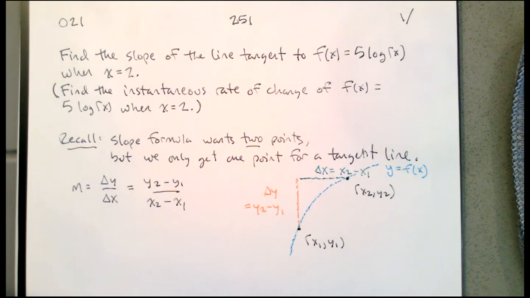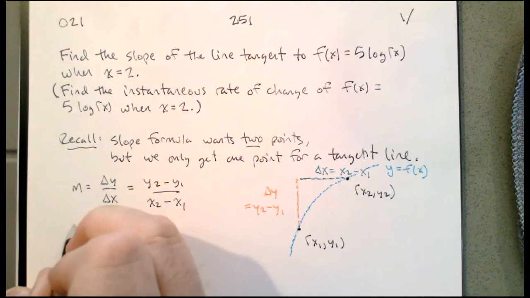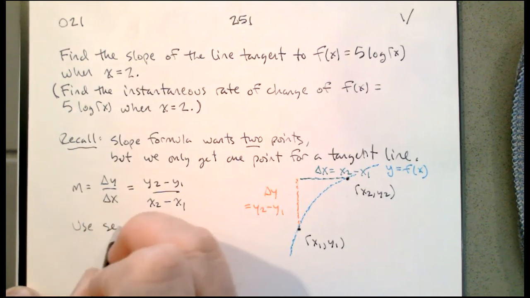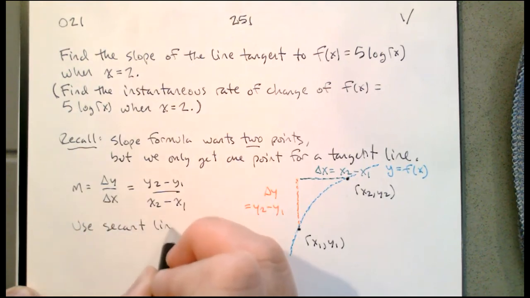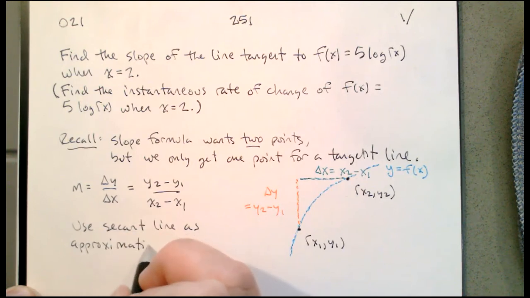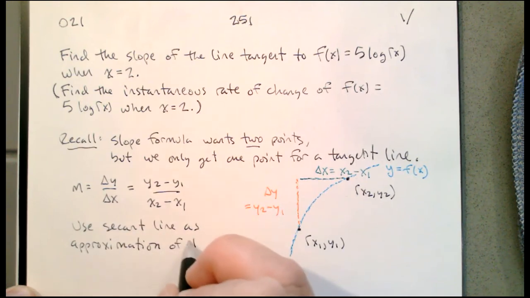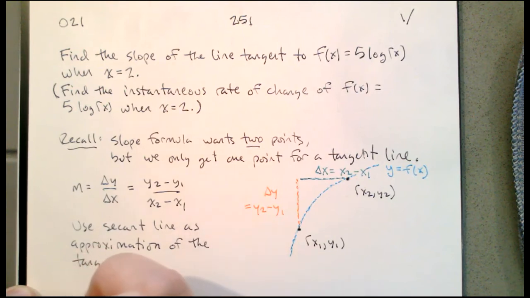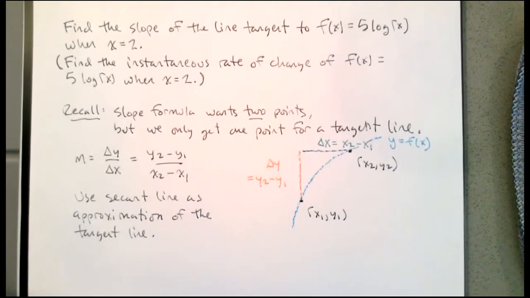Since we need 2 points to calculate the slope, we're going to use a secant line as an approximation of the tangent line. That way, we'll have 2 points to work with.